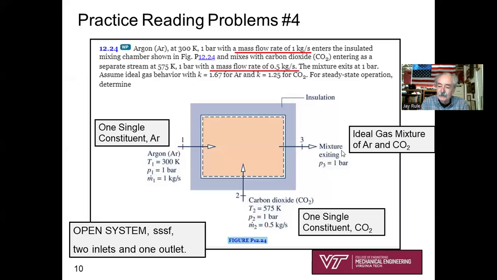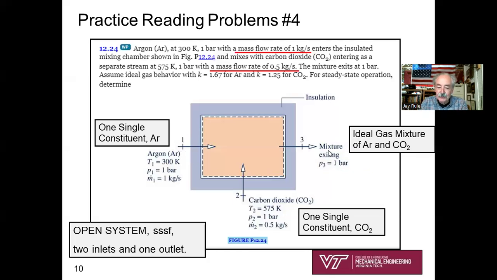Do you see here that in solving this problem, the mass fraction of this constituent is 100%, right? It's pure argon. Over here, part 2, it's 100% CO2. But here, what have we got? We've got 1.5 kilograms per second coming out of this mixture.